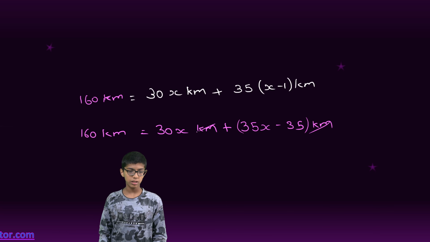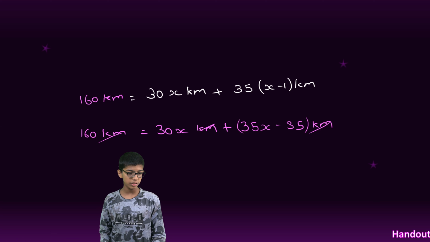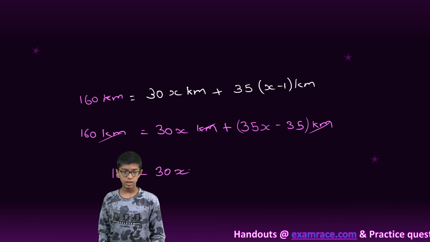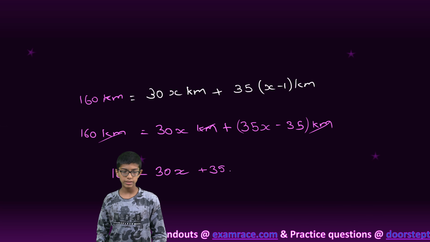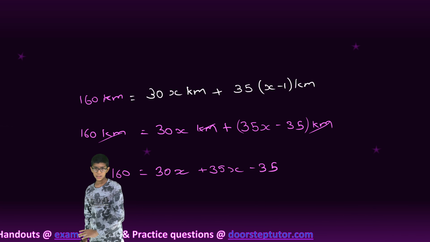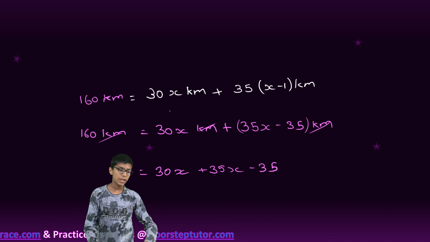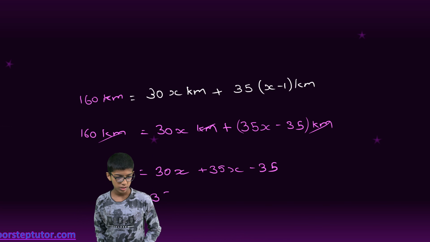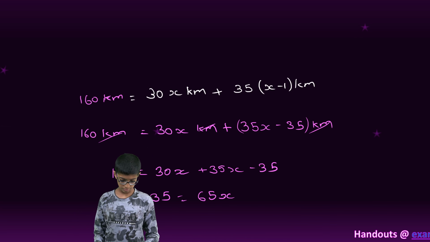Now kilometers we will cut on both sides to avoid confusion, and we get 160 equals 30x plus 35x minus 35. Now this minus 35, we will shift it to the LHS to get 160 plus 35 equals 65x.